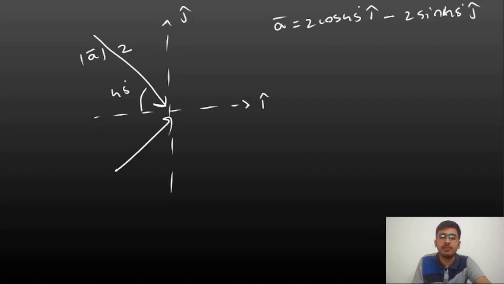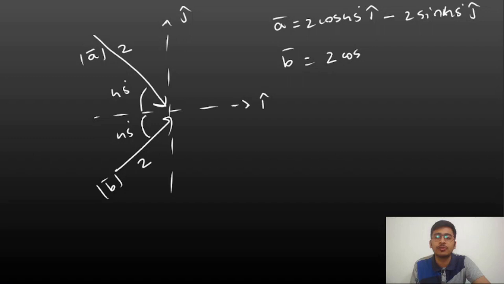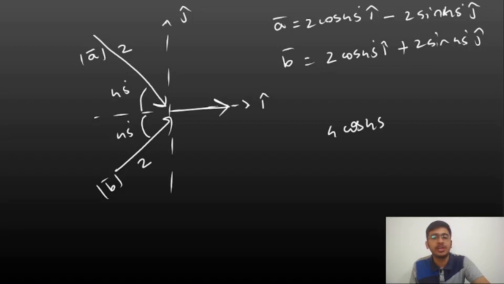Similarly, if I have this B vector, which is also at a 45 degree angle, its magnitude is also 2, then B can be written as 2 cos 45 degree i cap plus 2 sin 45 degree j cap. If I add these two, I can see that the j cap component gets cancelled. The resultant is also along i cap, but the magnitude is different. The magnitude is 2 cos 45 plus 2 cos 45, which is 4 cos 45 degrees i cap.